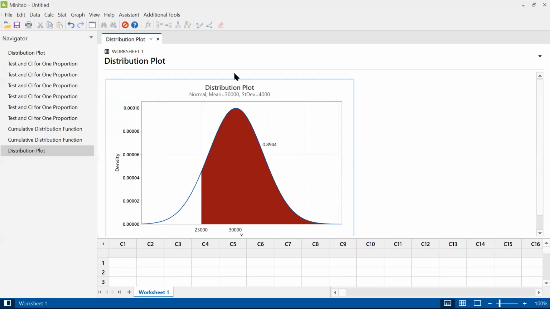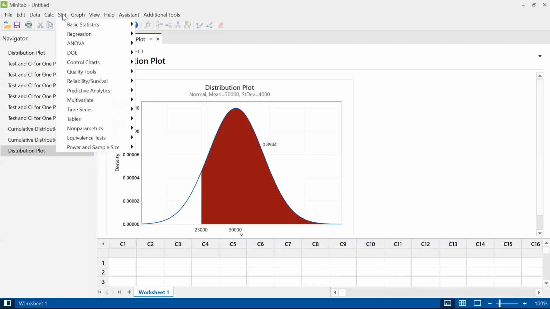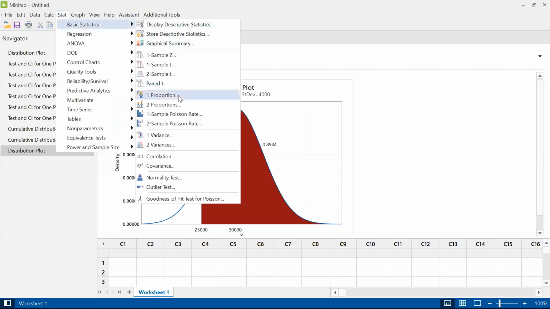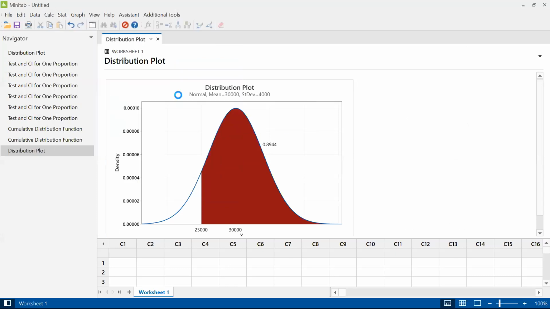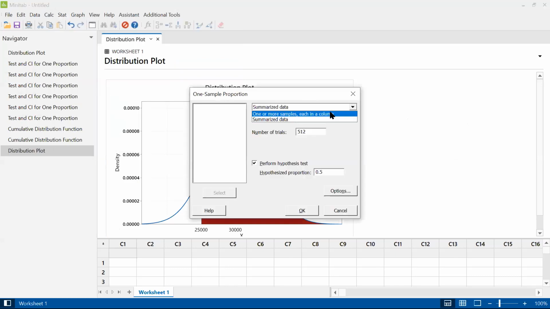Finish this off. So the confidence intervals were under stat, basic statistics, one proportion. The default here is that it starts on this one or more samples thing. We need to flip that over to summarized data. And we are estimating the number of events at 55, and that is out of 172.